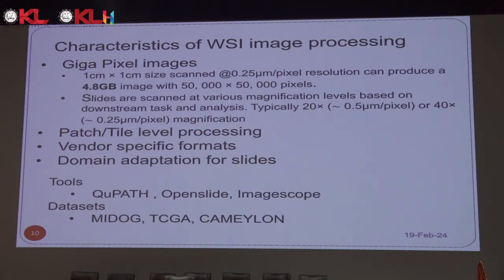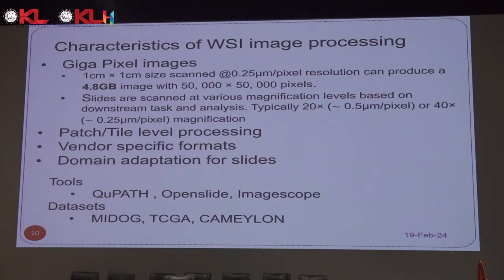For example, for regions such as a necrosis region, magnification is taken at 8 or 20x. But if it is at a cell level, for example mitosis detection, it will be scanned at 40x. And since we cannot load all of those images in one go, we'll do patch and tile level processing.